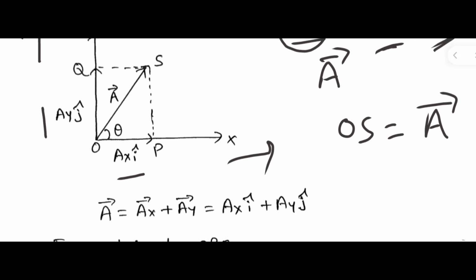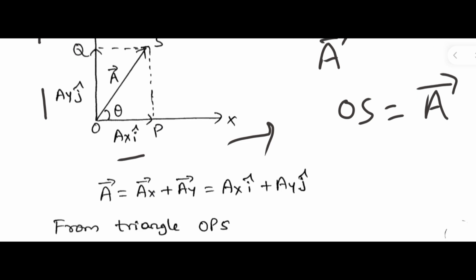In the same way, Ay j cap is the component along the y axis, where Ay is the magnitude and j cap is the unit vector. Vector A is resolved into Ax plus Ay, that is, Ax i cap plus Ay j cap. Like that, we split the given vector into axial components.